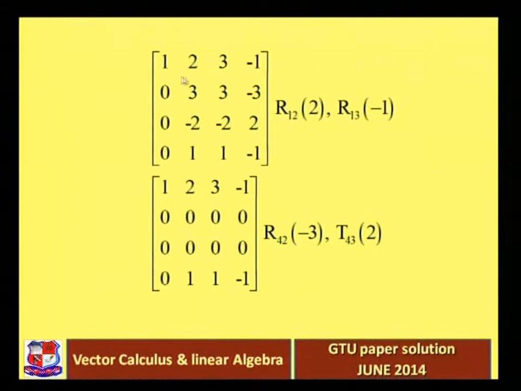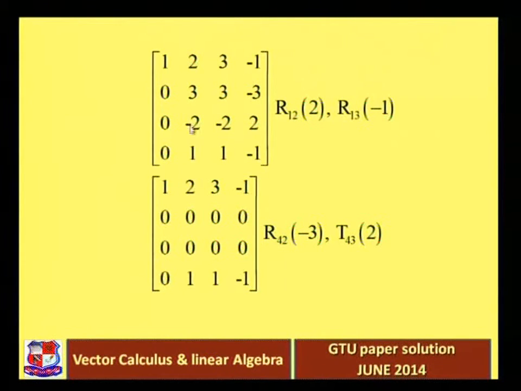So the first row is 1, 2, 3, minus 1. The second row is 0, 3, 3, minus 3. The third row becomes 0, minus 2, 2, and the fourth row is as it is, 0, 1, 1, minus 1. Then we multiply the fourth row by minus 3 and add into the second row.